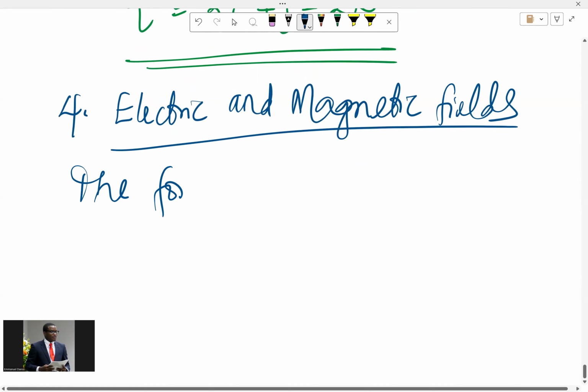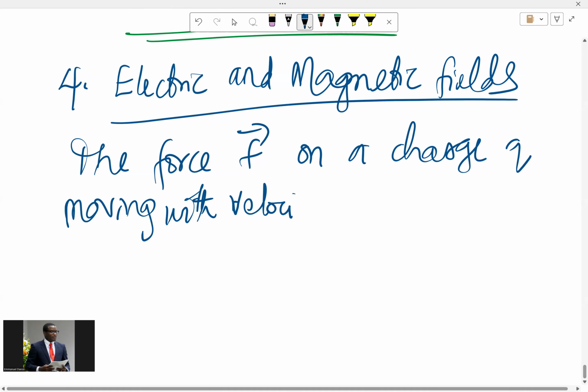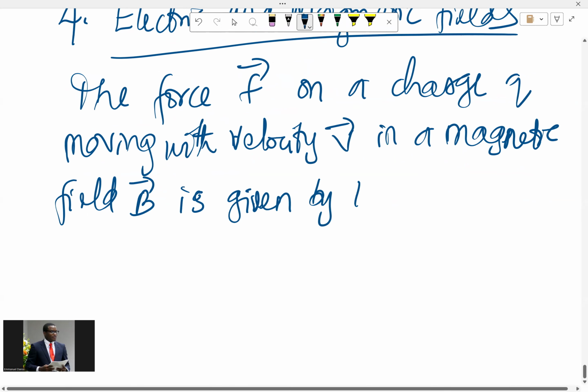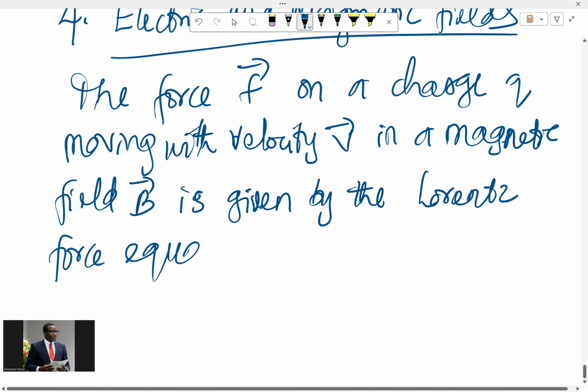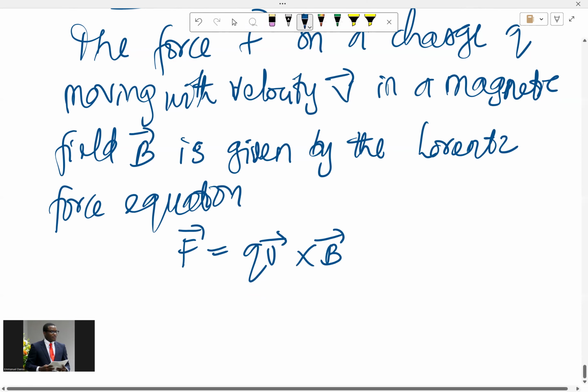So the force F on a charge Q, moving with velocity V in a magnetic field B is given by the Lorentz force equation, which is F equals the charge times the velocity multiplied by the magnetic field, like that.